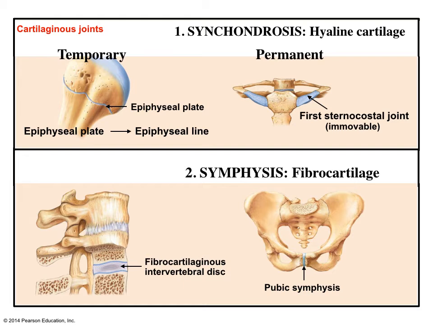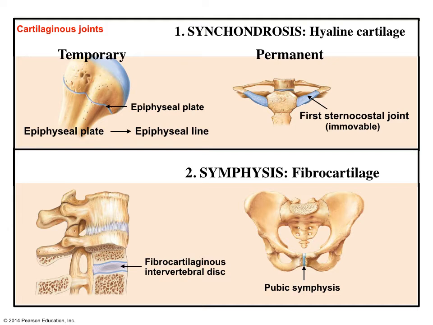Recall, costa means rib. So this joint articulates the first rib through its costal cartilage to the manubrium of the sternum. All other sternocostal joints, inferior to the first one, are synovial, slightly movable joints in this case.